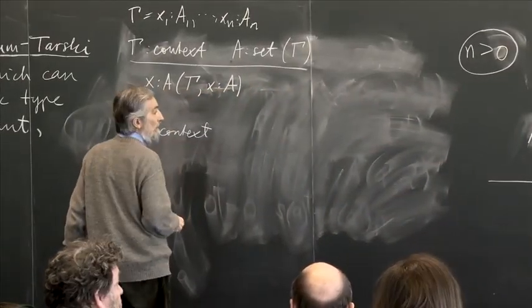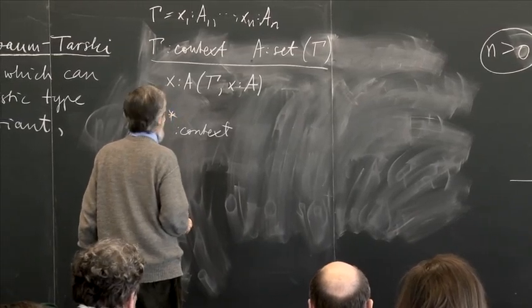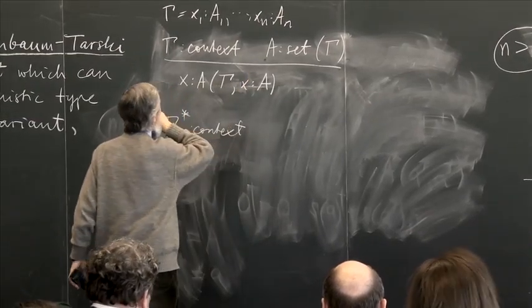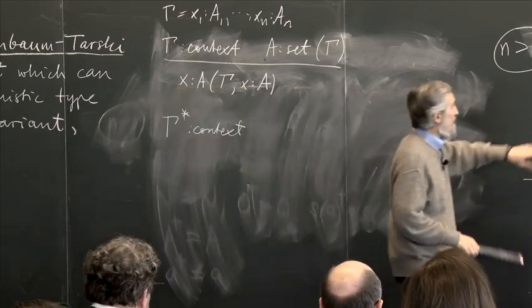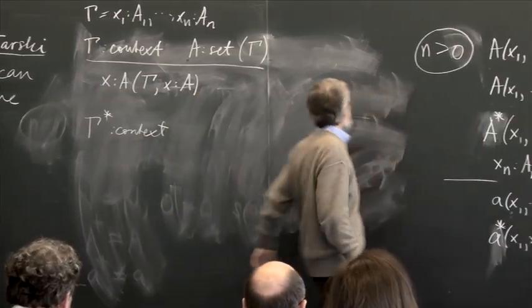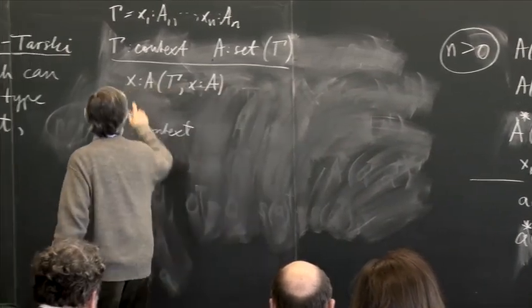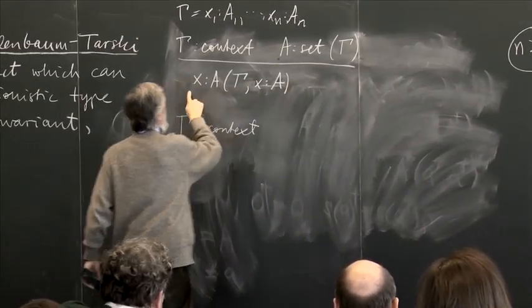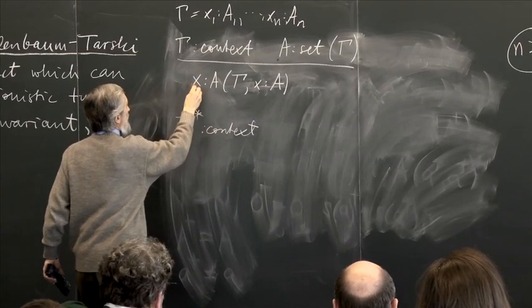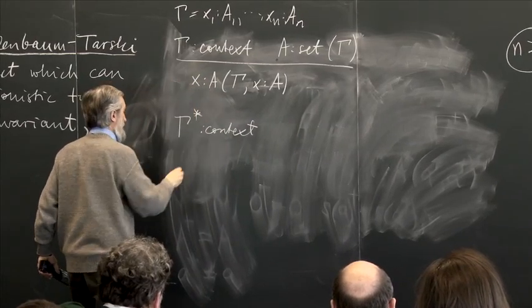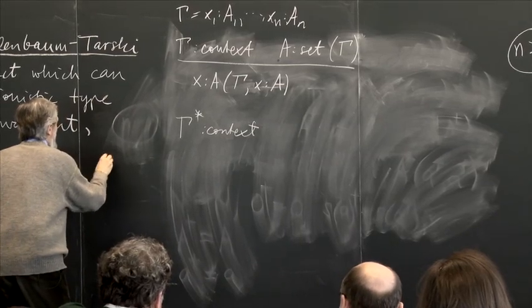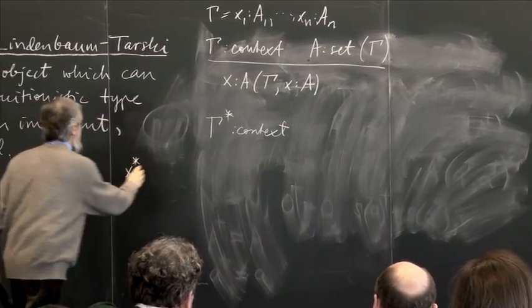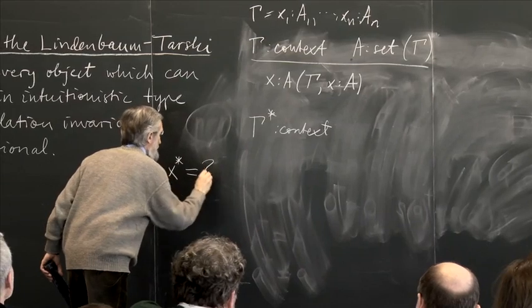I don't think I need to repeat it. It's sufficient that we have it here. And now we have to find out what is the interpretation of this, in particular what is the interpretation of x here. So we have to find x star. What should it be?